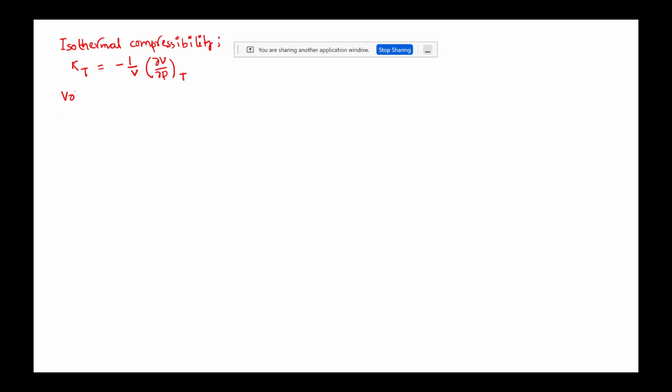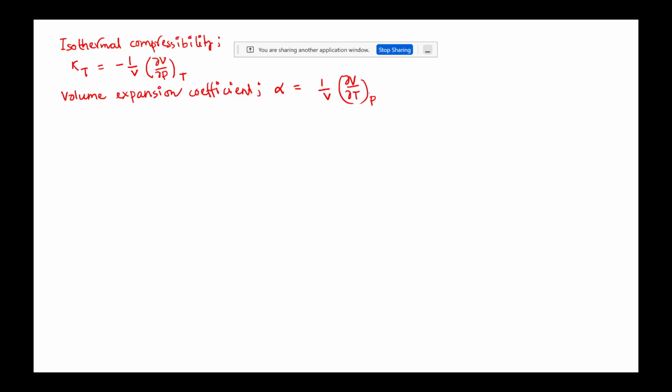Volume expansion coefficient alpha is 1 by V del V del T, keeping P fixed, right?